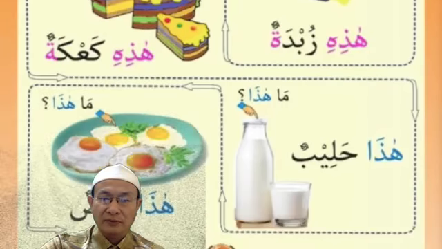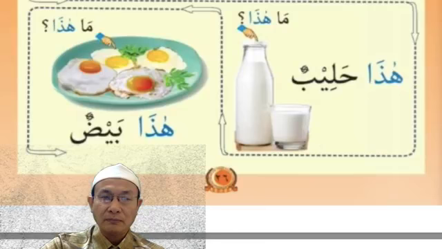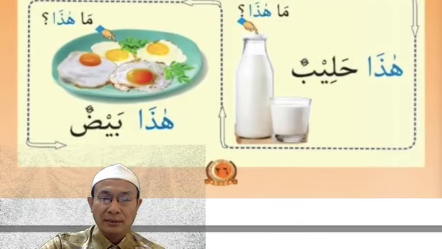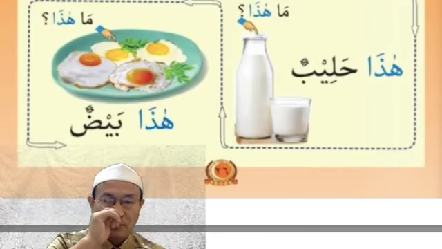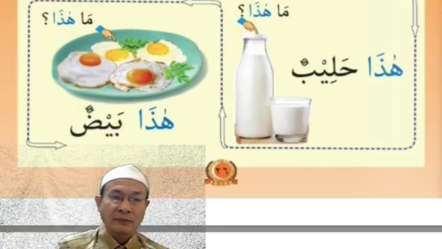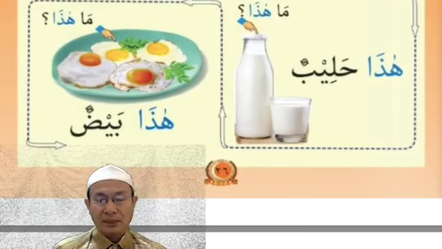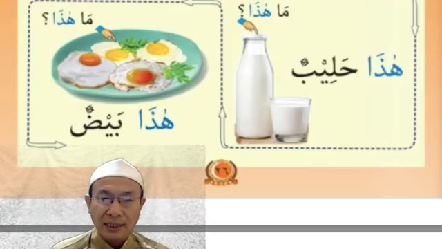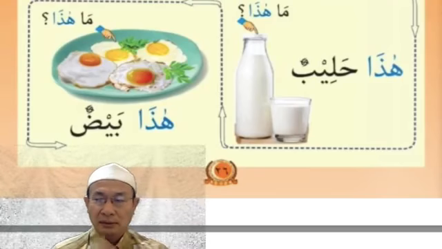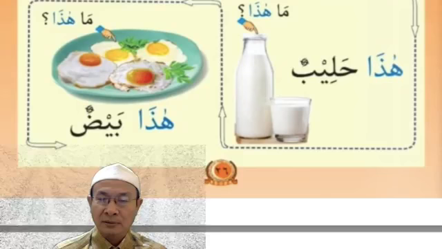Let's move on to the next one. Alright, look at the picture on your right side. What do you see? You see, yes, milk. Milk is called in Arabic halibun. Halibun.